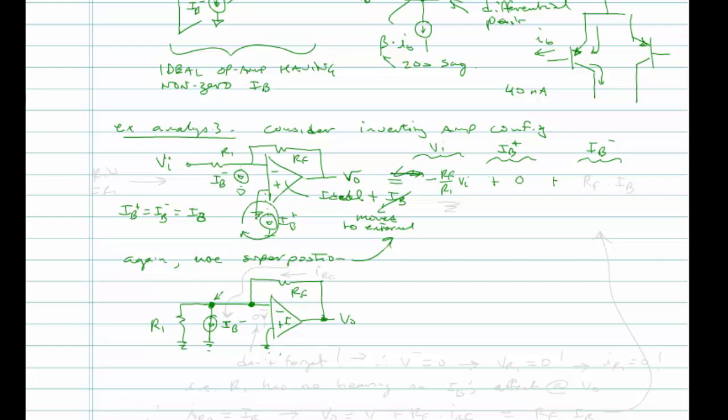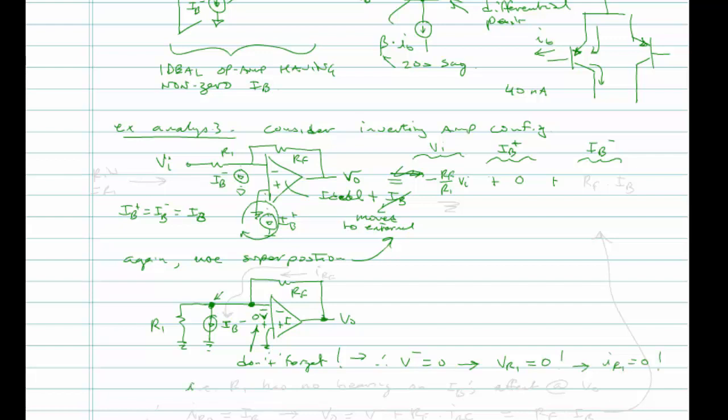So what do we know about an ideal op-amp that has negative feedback? Well, we know that the voltage between the non-inverting and inverting inputs is zero. So don't forget that the voltage between V plus and V minus is zero. And that means that therefore V minus is equal to zero. And that means that if the voltage at V minus is equal to 0, the voltage across R1 is equal to 0, which then means that IR1 is equal to 0.